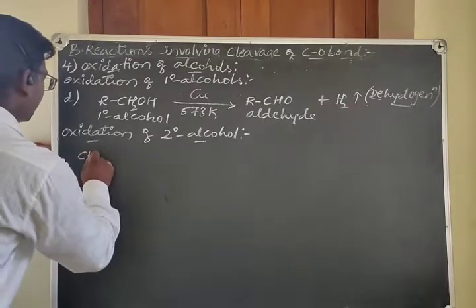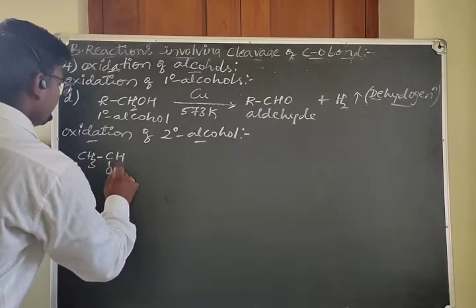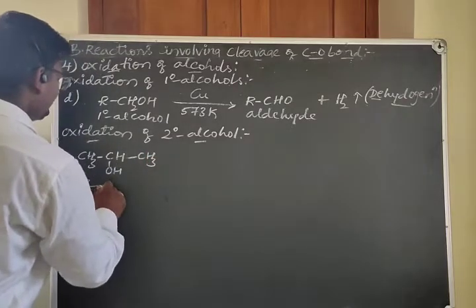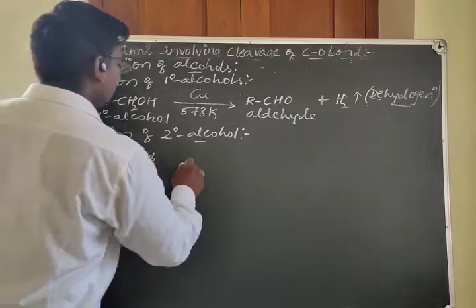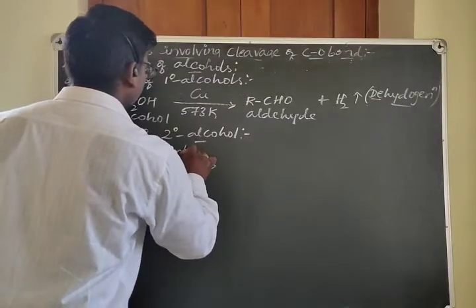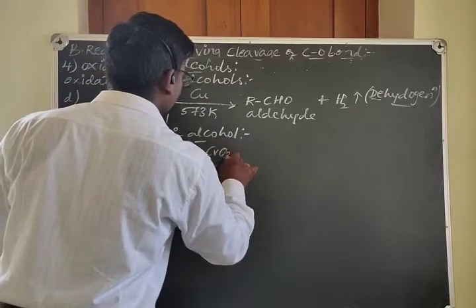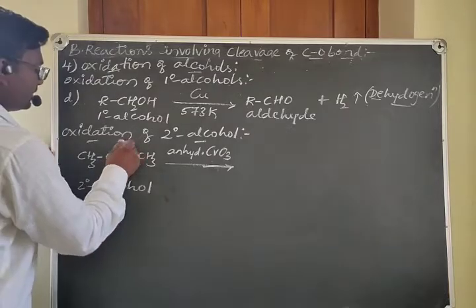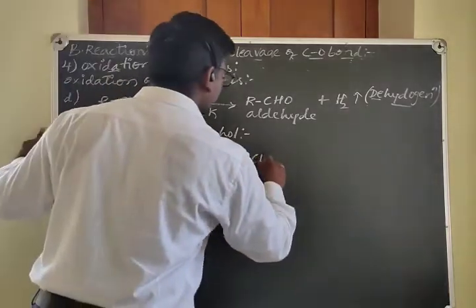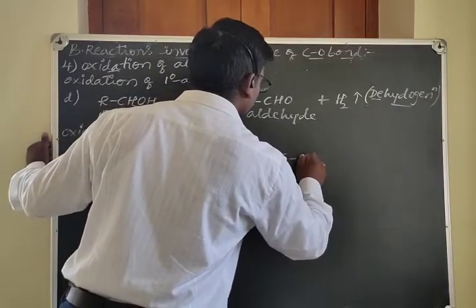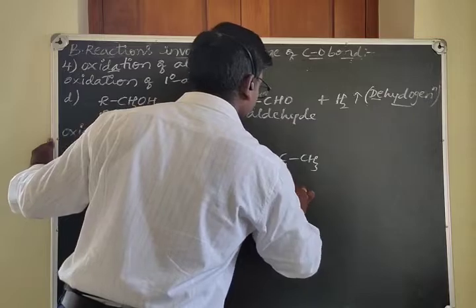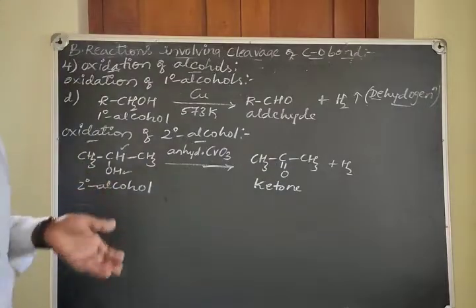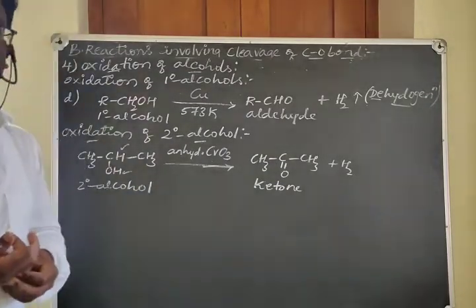Take the secondary alcohol, for example propanol, and treat this with anhydrous chromium trioxide. What happens? This H comes out, and it gives a ketone with the release of H2. It is nothing but a dehydrogenation. When you see the removal of H2, that reaction is called a dehydrogenation.